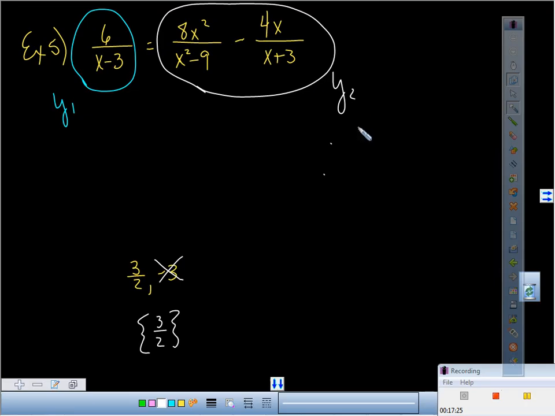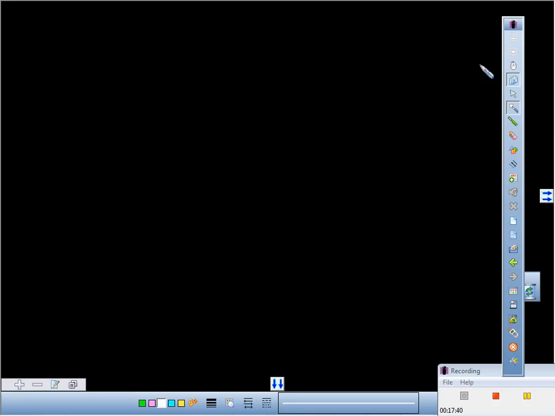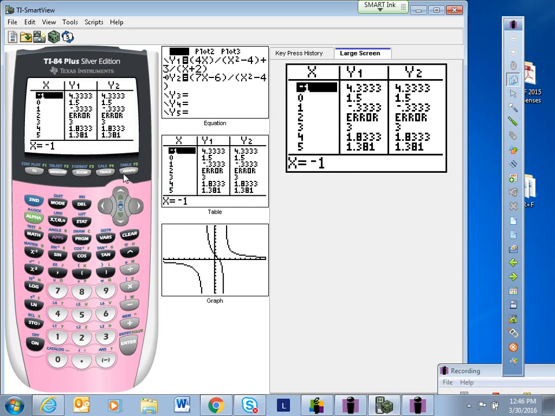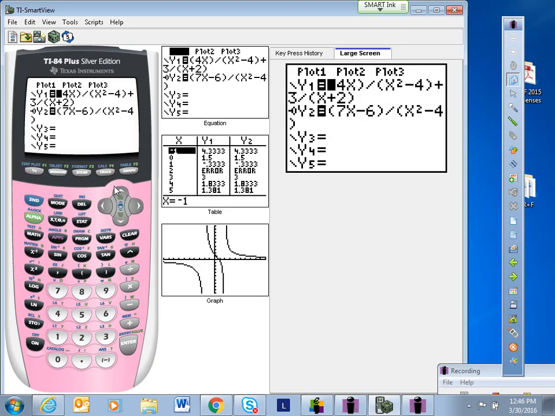I'm fixing to get off of here because I have to re-enter it into the calculator. So you might have to look at your notes, because I promise you, you're not going to want to enter it the way I'm entering it. I'm going to cheat.